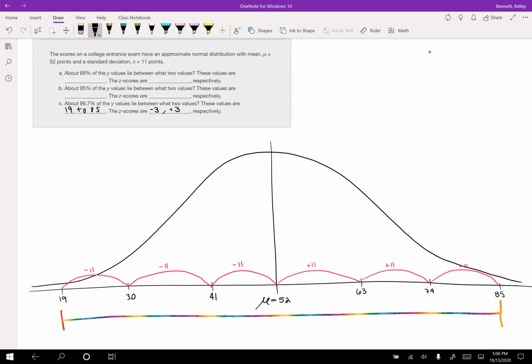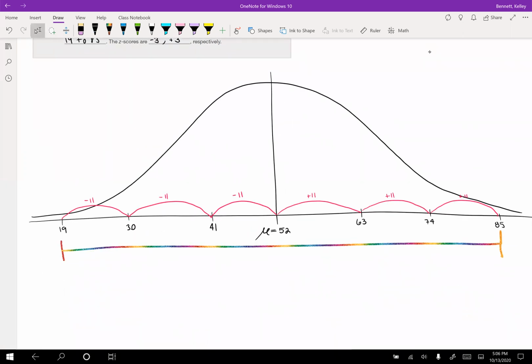Remember, z-scores, z-values, they count the number of standard deviations away from the mean, right? So if I'm at 85, I'm 3 standard deviations above the mean. If I'm at 19, I'm 3 standard deviations below. Okay, for the next one, 95%, that's just going to be within 2 standard deviations. So it's going to be from 30 to 74.